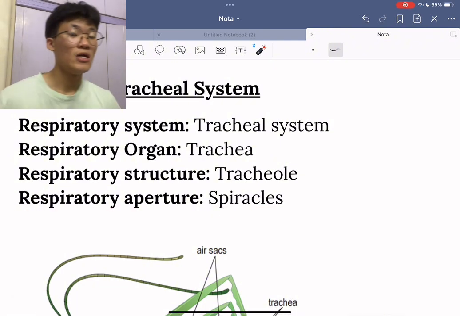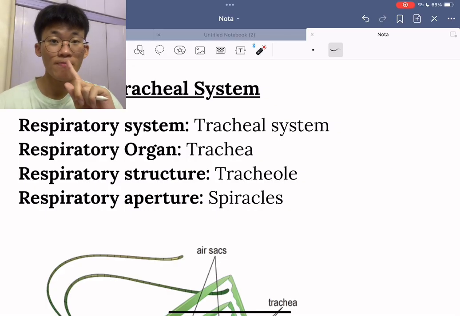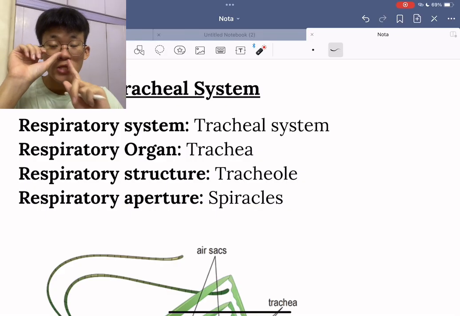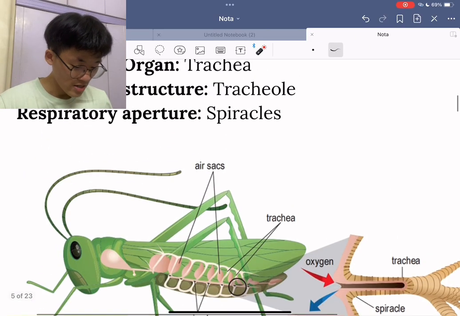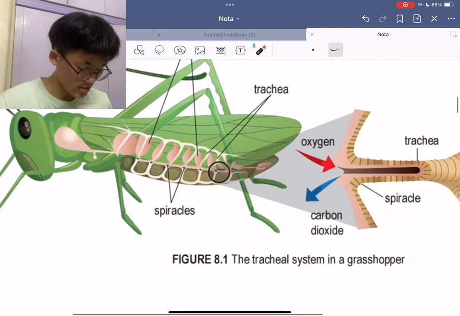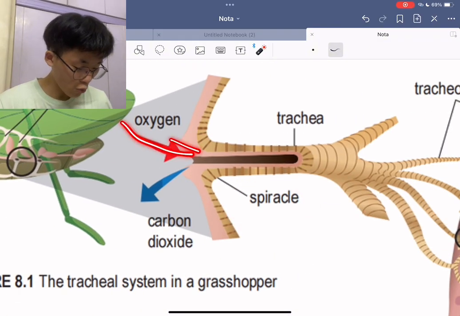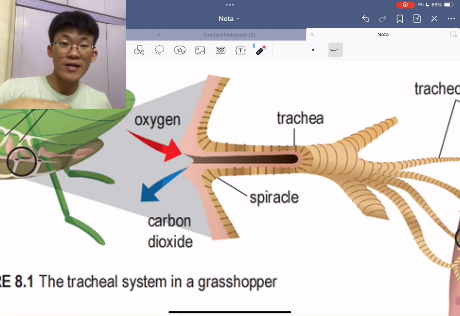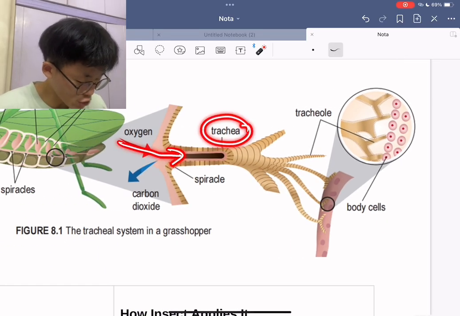For humans, the respiratory aperture is the nostril, so I breathe in oxygen through my nostril. For the insect, the respiratory aperture is the spiracle. Through the spiracle, oxygen goes in and carbon dioxide goes out. Then oxygen goes in, and this is called the trachea.